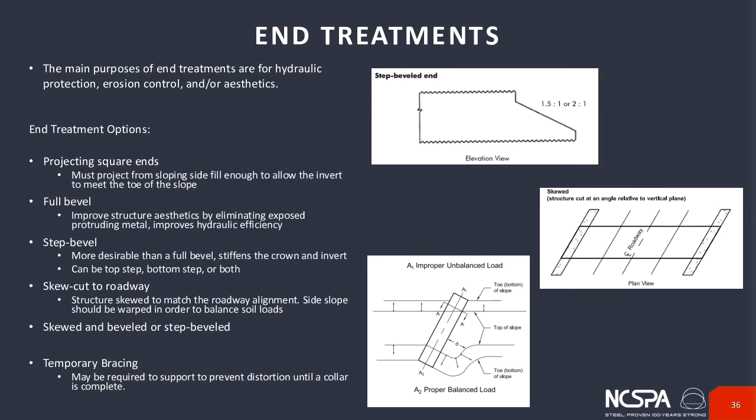And due to this, we advise that you use either a concrete collar or a head wall to help reinforce the cut areas. In some cases, before your collar's complete, if they start wanting to do backfill, you may need to put a temporary brace on this until the collar's complete to prevent distortion.